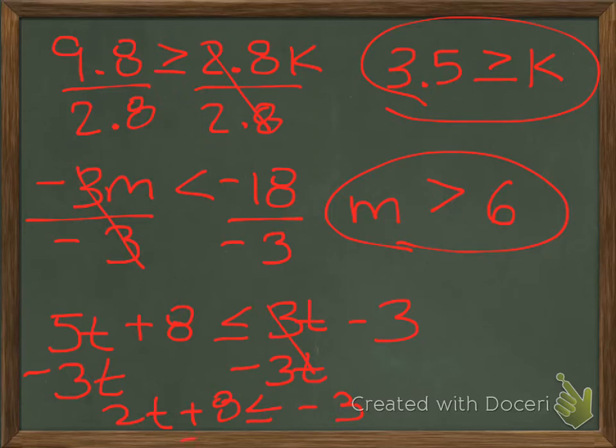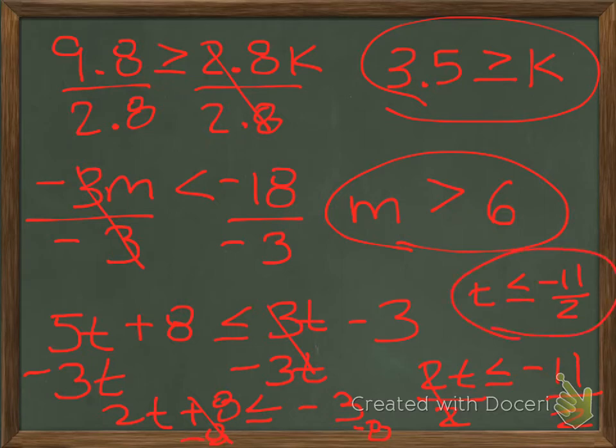And then I'm going to subtract the 8, and I get 2t is less than or equal to negative 11. And finally divide by 2. So t is less than or equal to negative 11 over 2, or negative 5.5. Either way is fine.